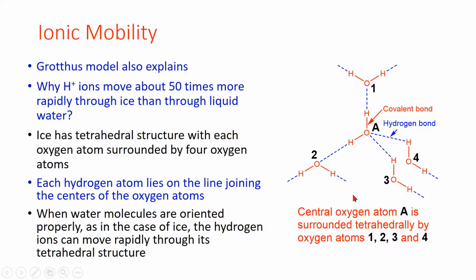When water molecules are oriented properly, as in the case of ice, the hydrogen ions can move rapidly through its tetrahedral structure. Hence, proton moves about 50 times more rapidly through ice than through liquid water.